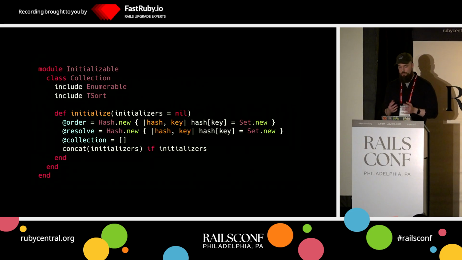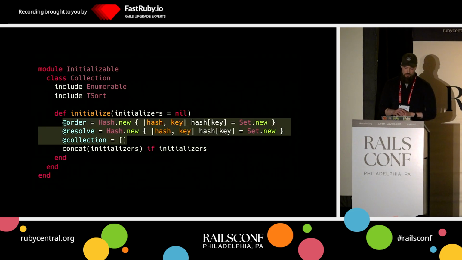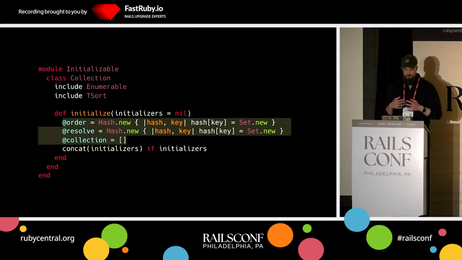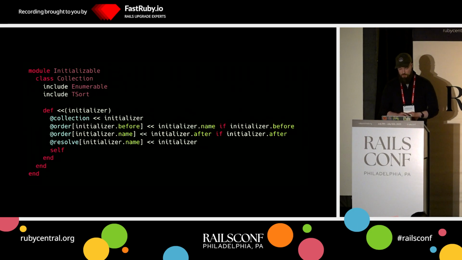Instead, we can change the implementation of collection like this. We add an order and resolve hash and a collection array like we had before. The order hash keeps track of names, while the collection and resolve data structures keep track of the initializers themselves. Now, when adding initializers, we have to do something a little bit more fancy.